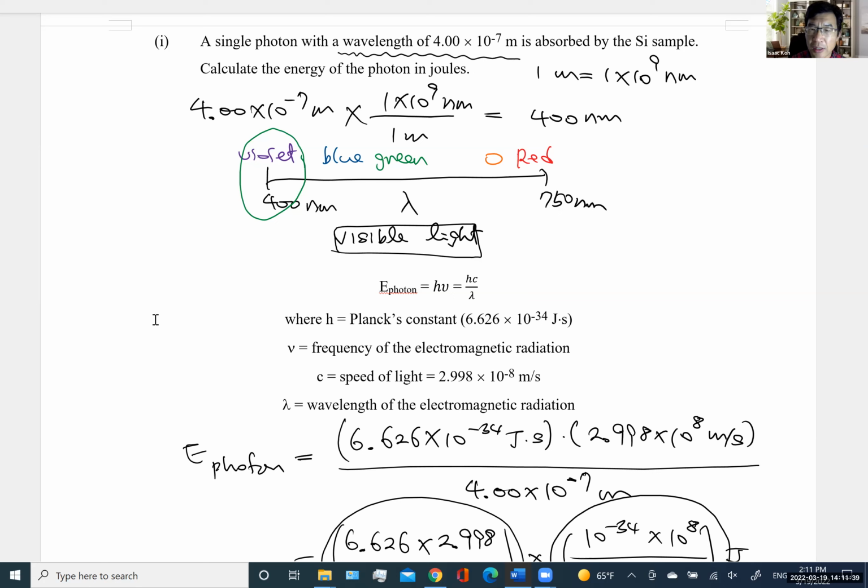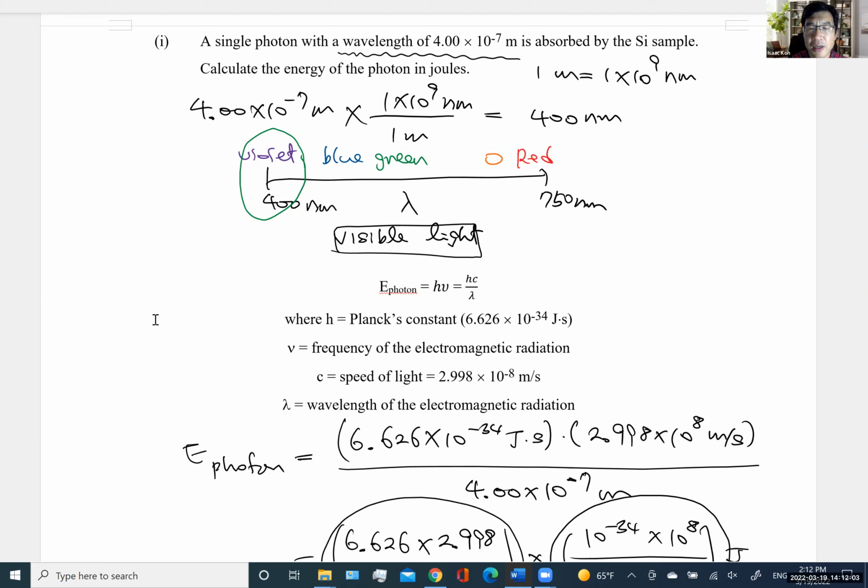So relatively warm colors are located on the longer side, and relatively cold colors, violet and blue, are located on the shortest side of the wavelength in the visible light. So 400 nanometers light belongs to the range of the violet color.